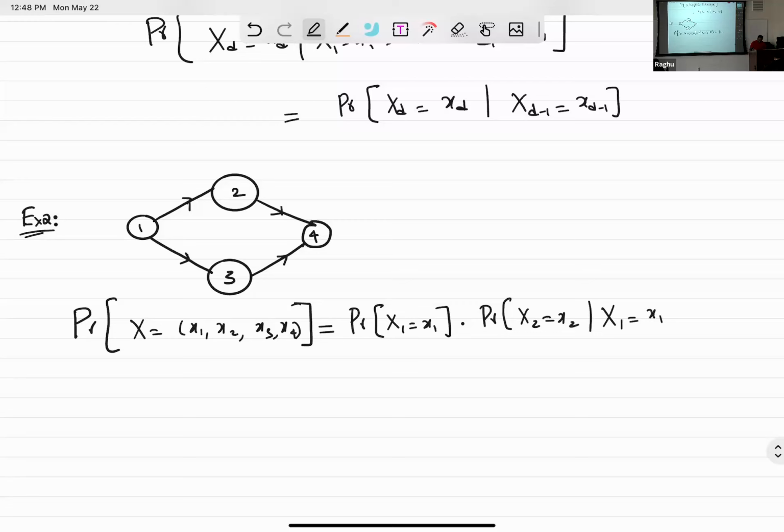Actually, I want to say 2 just depends on 1, right? These two are occurring separately from 1 and independently, and somehow they then come together to affect 4.